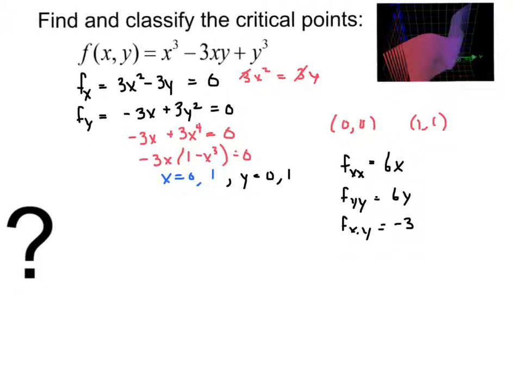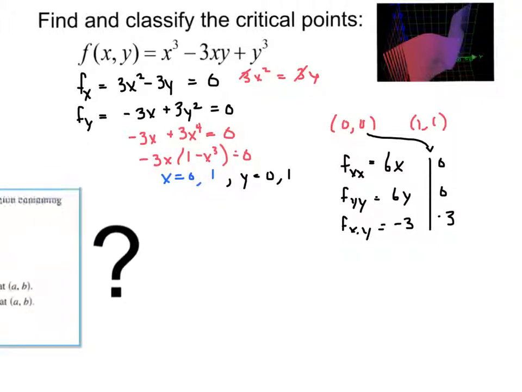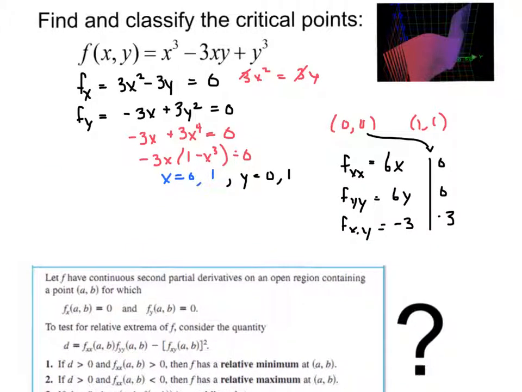Okay. Now I actually should evaluate. Let's start with 0, 0. Okay, so if I evaluate that at 0, 0, I end up with 0, 0, and -3. So I've got, according to the test, remember what d is. I'm just going to put this right here.